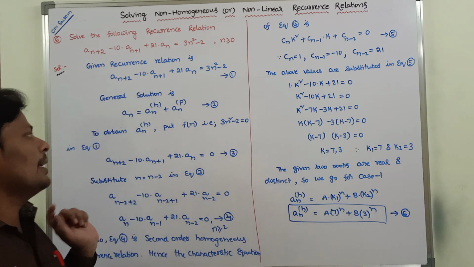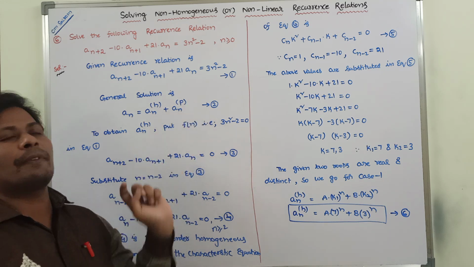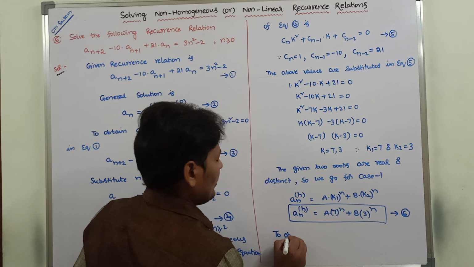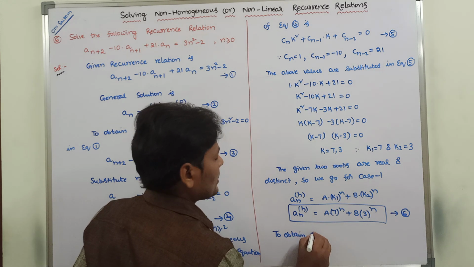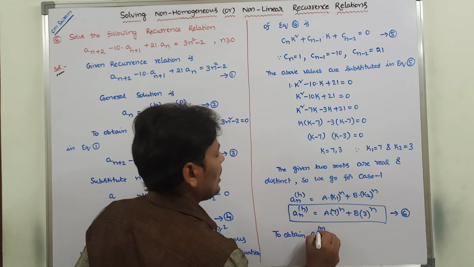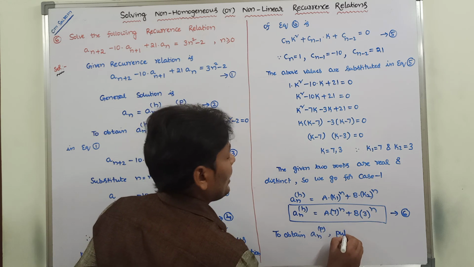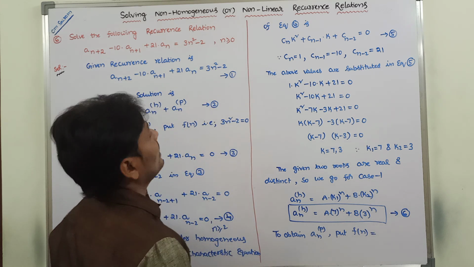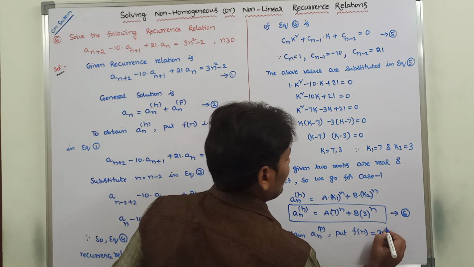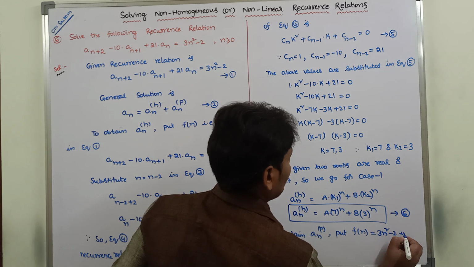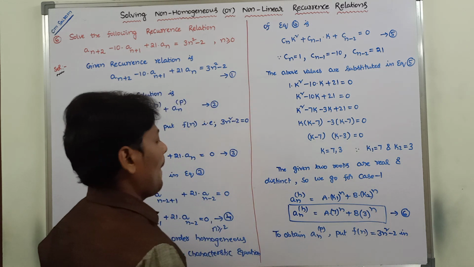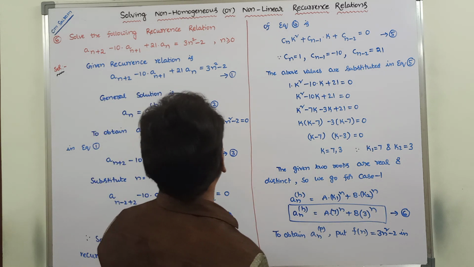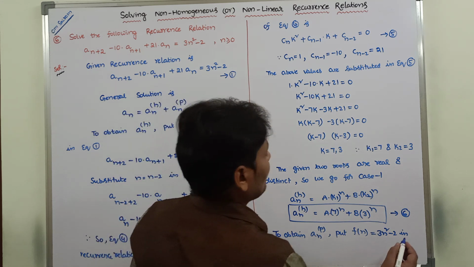Okay, so next one, to obtain a suffix n power p, put f of n is equal to 3n square minus 2 in equation 1.